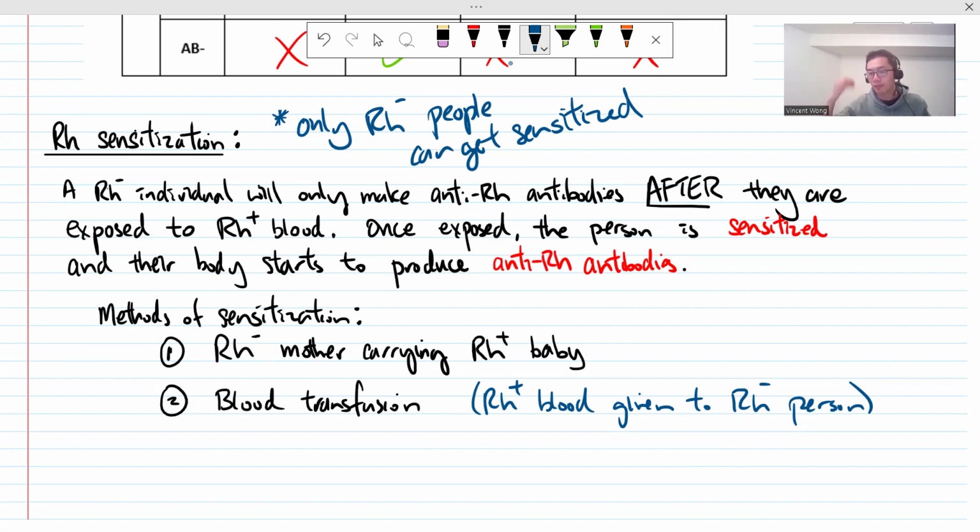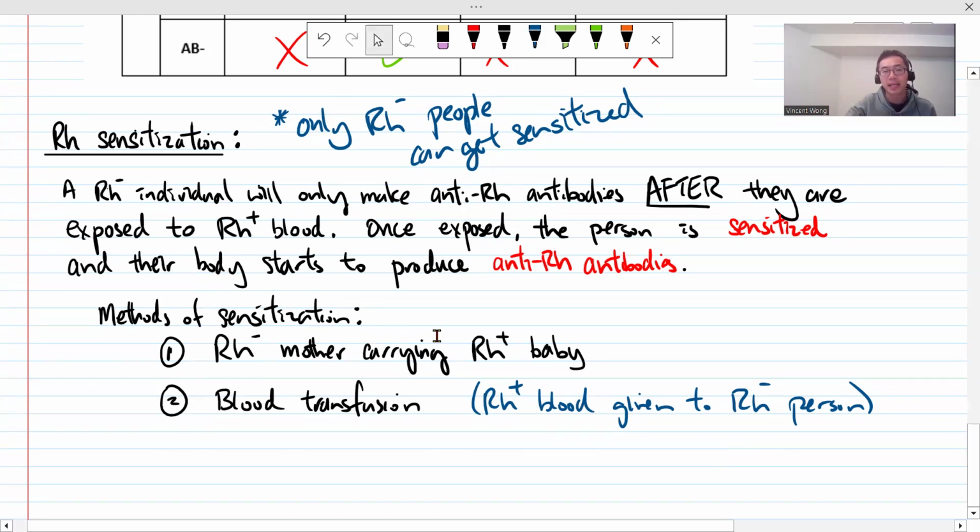However, as soon as I receive the positive, my immune system will recognize the positive as something foreign, and then I become sensitized. And then I will start making anti-RH antibodies. Those antibodies will stay in my body for the rest of my life, just like the chicken pox antibody will stay in your body for the rest of your life, right? You won't get chicken pox again. So next time I receive positive blood, my antibody will attack them. It will result in the clumping and the hemolysis that we talked about at the beginning. Better? Yes, Vincent, got it.